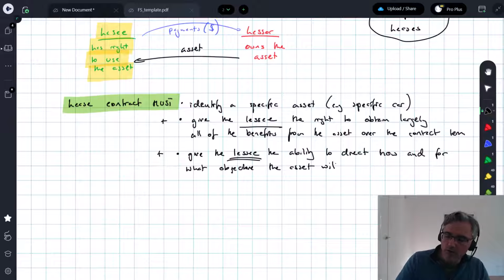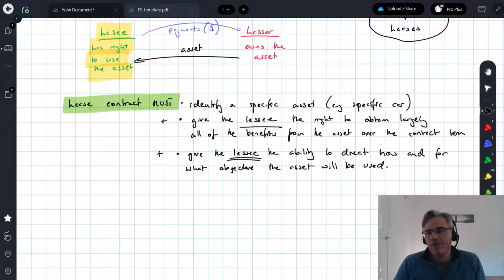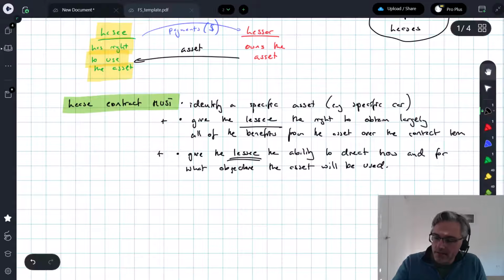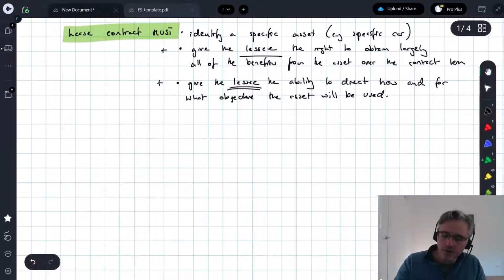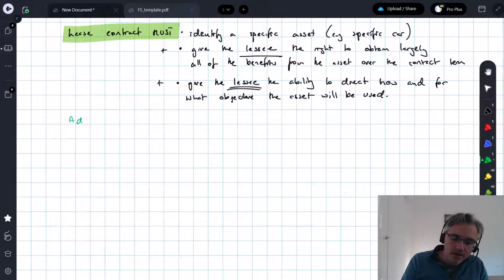So as the lessee, I will be getting the benefits and I can decide how I'm going to use that asset. In that way, I really get pretty much the benefits of ownership without having to purchase the asset outright, without having to spend the cash. And that is pretty much the main advantage of using leasing as a form of funding, of financing.